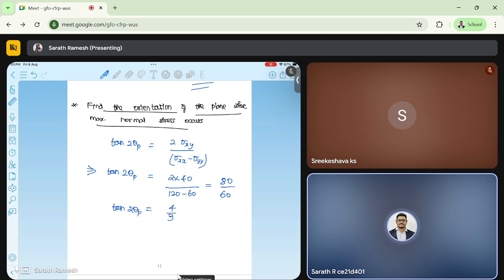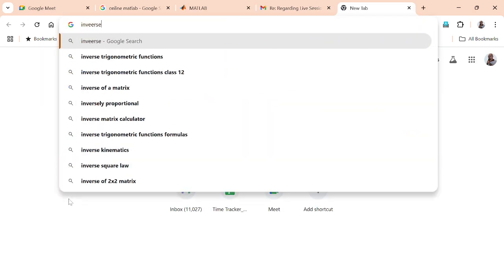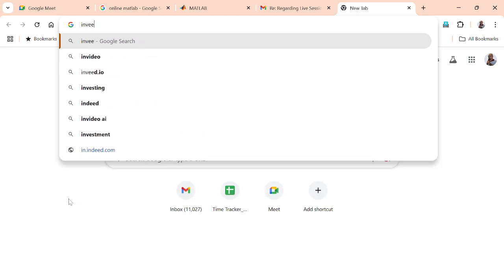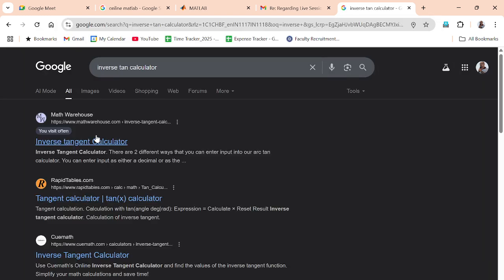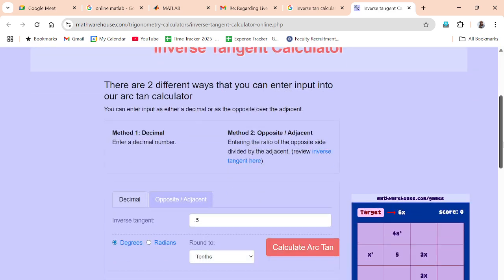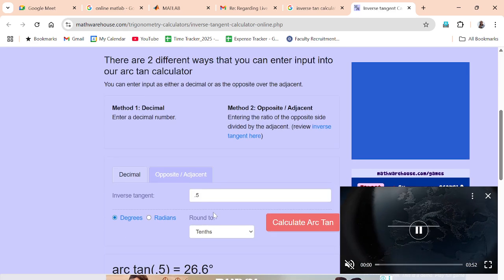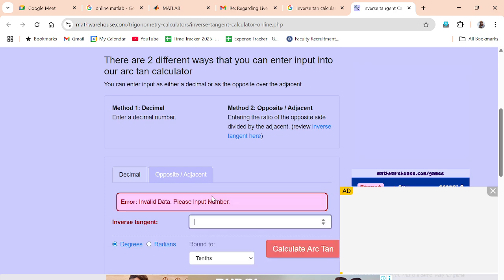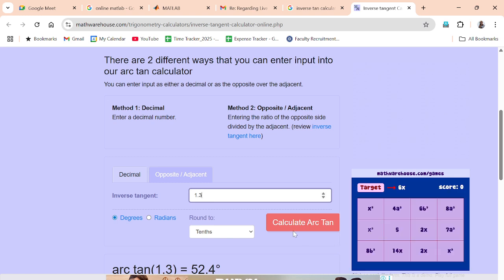Let me use the calculator. Tan inverse of 4 by 3, which is 1.33, I'm getting 52.4 degrees.